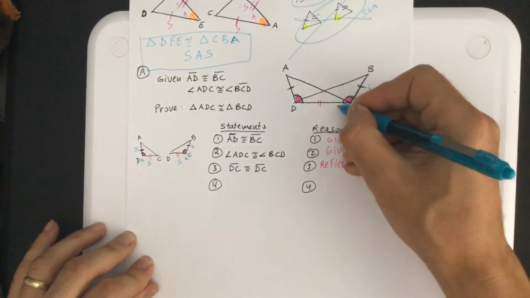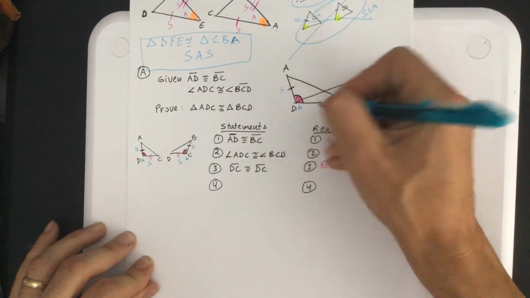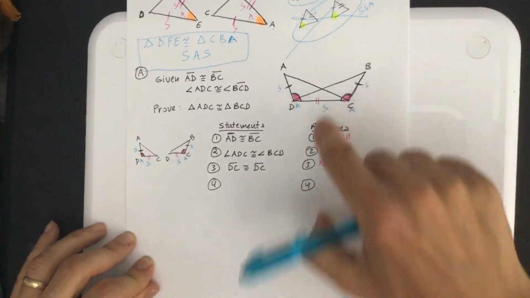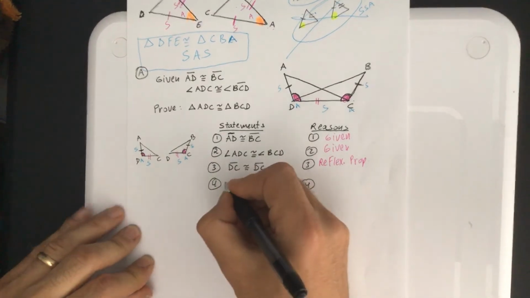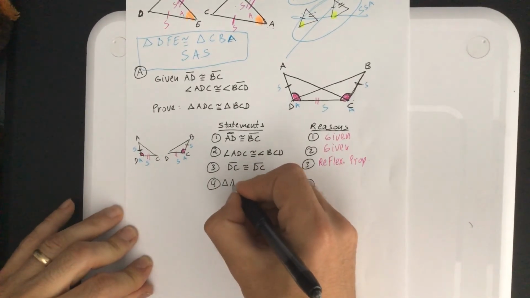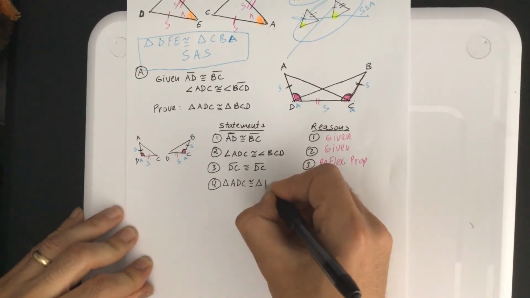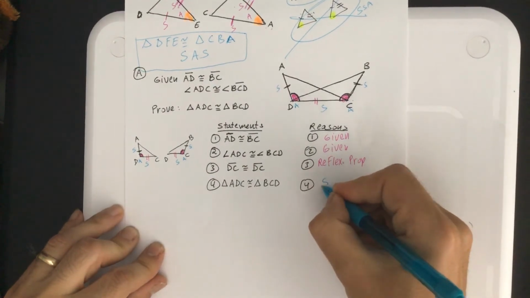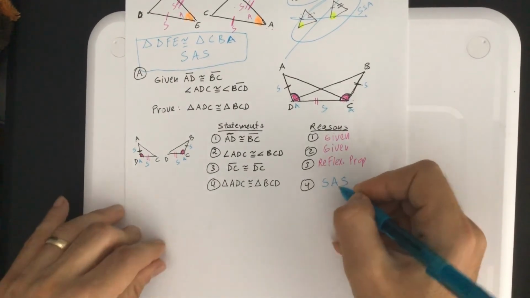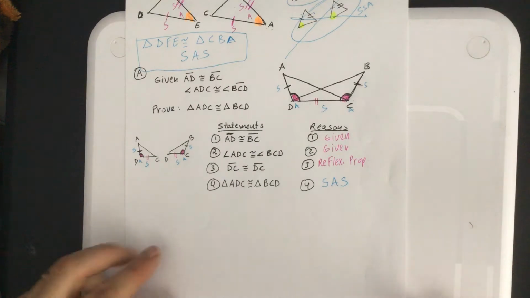So the last statement will be what you're trying to prove. Triangle ADC is congruent to triangle BCD. Why? Because of side, angle, side. Very simple. It's all about logic and common sense.